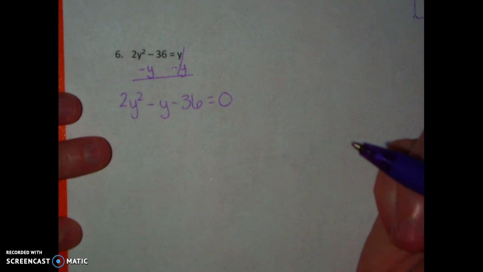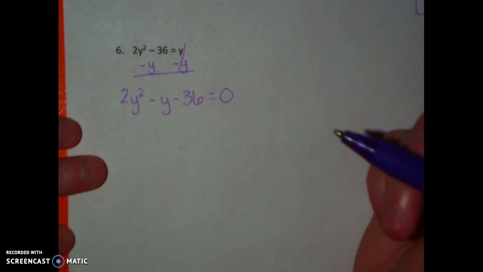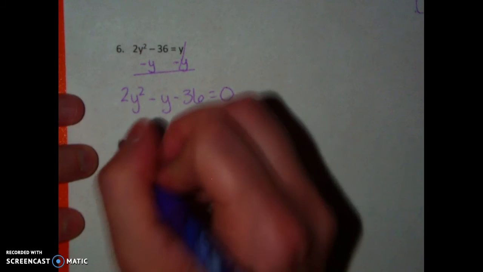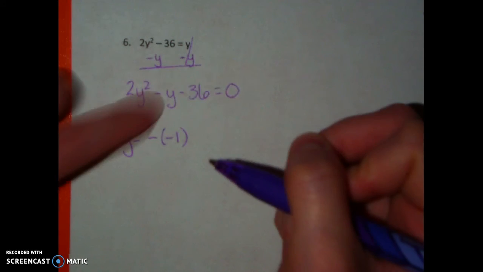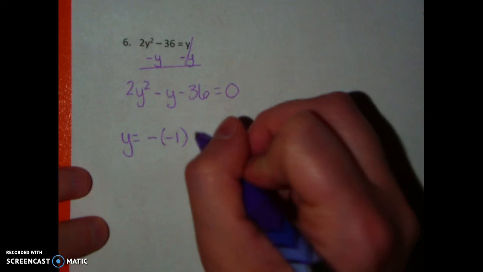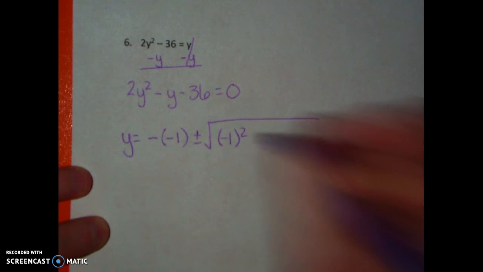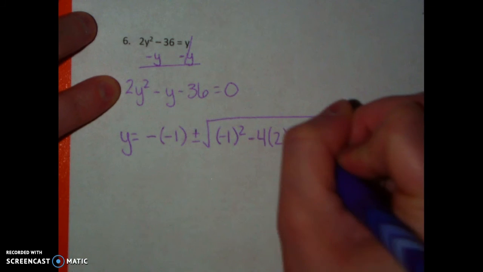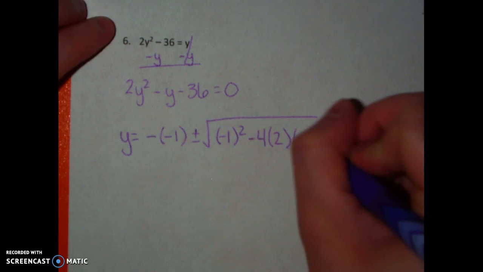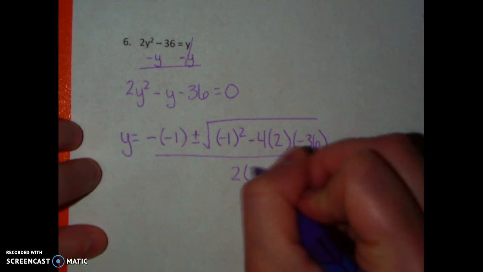If you didn't put it in that form, your numbers might have been a little bit off, so your answer was probably wrong. Okay, y equals negative 1, because this is a negative 1 right here, plus or minus the square root of negative 1 squared minus 4 times a, which is 2, and c is negative 36. All over 2 times 2.